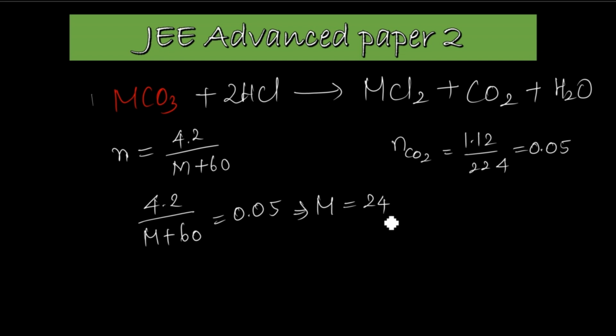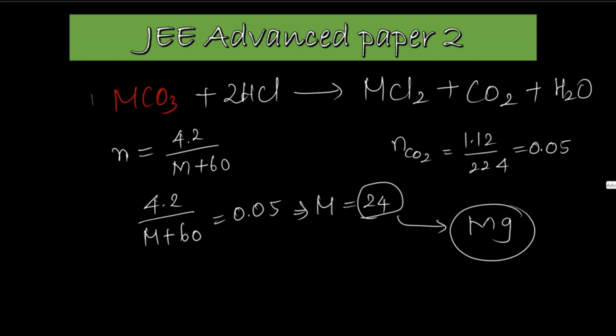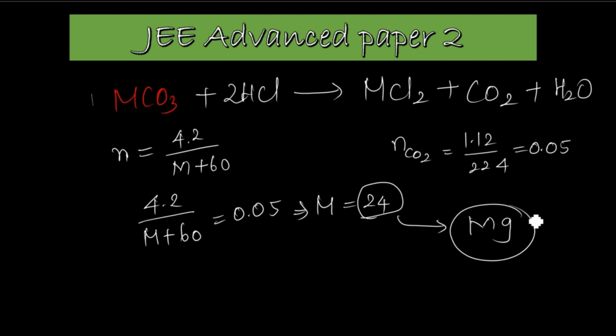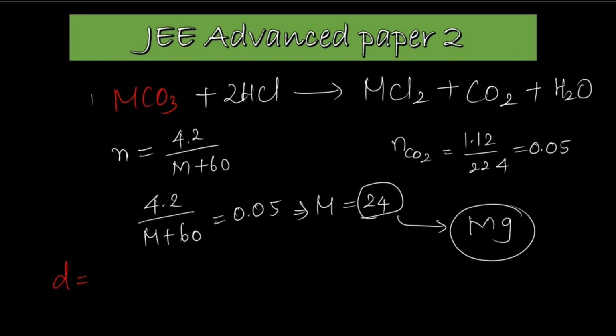Okay, so 24 is related to our magnesium as atomic mass. Then they are asking about density. So for magnesium we are going to find the density. D is equal to Z into M by a cube into Avogadro number, or volume into Avogadro number.